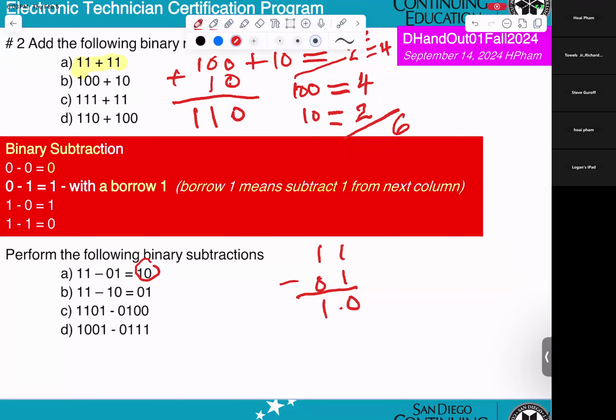Okay, let's see. I try number C. 1, 1, 0, 1 minus 0, 1, 0, 0.